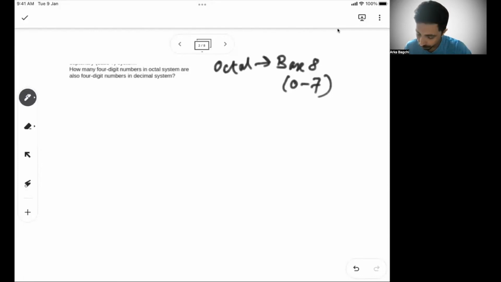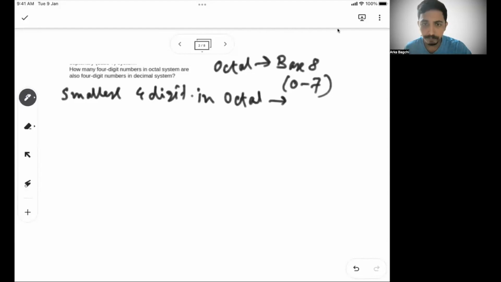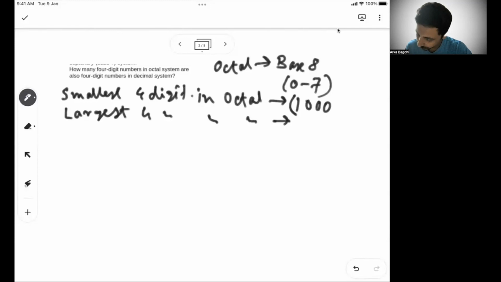Can you tell me what the smallest 4-digit number in octal system is? The smallest 4-digit number in octal is when all the other digits are 0 and the first digit is 1. This is the smallest 4-digit number in octal system. Similarly, we think about what the largest 4-digit number in octal system is.